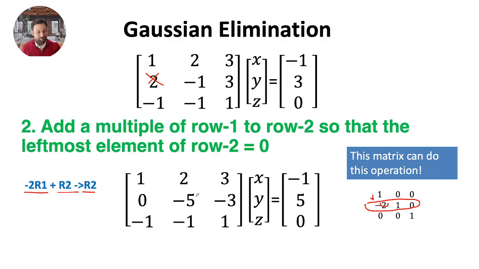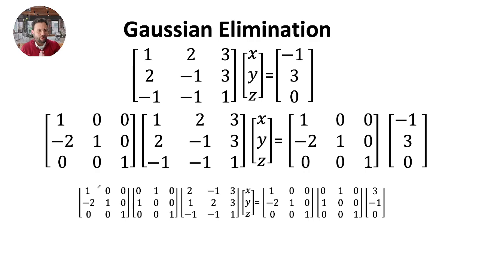So this operation makes negative 2 R1 plus R2 and returns it to R2. So again, you see the same thing. So this was my initial matrix on the top.